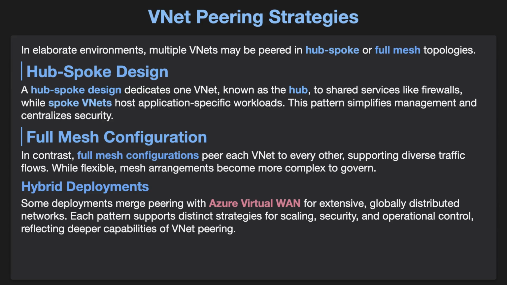Full mesh configurations, in contrast, peer each VNet to every other, supporting diverse traffic flows. While flexible, mesh arrangements become more complex to govern. Some deployments merge peering with Azure Virtual WAN for extensive, globally distributed networks. Each pattern supports distinct strategies for scaling, security, and operational control, reflecting deeper capabilities of VNet peering.